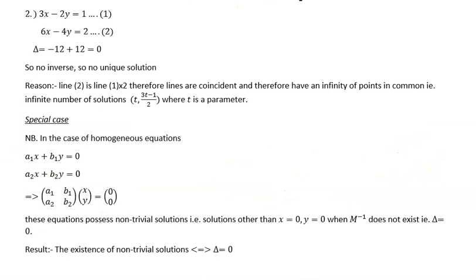The second reason why these 2 lines may not meet: again, if you did the determinant of 3, minus 2, 6, and minus 4, you would get 0. So again, it's singular and has no inverse, but why does that happen?